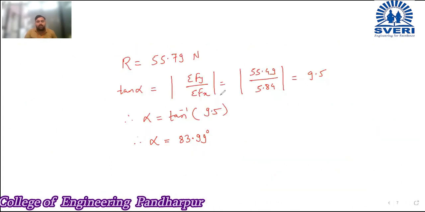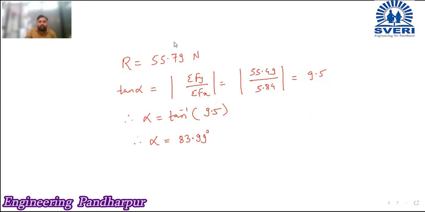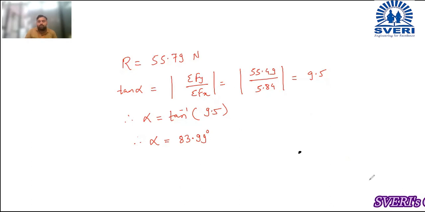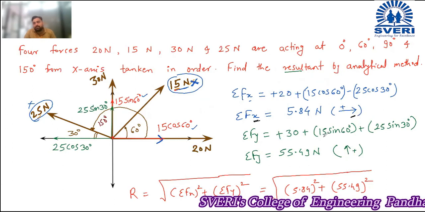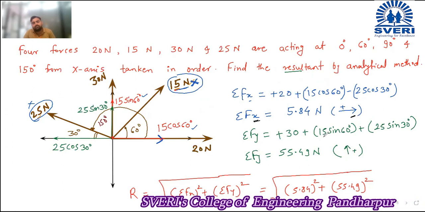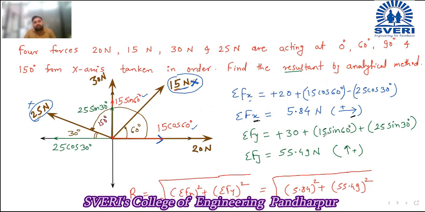Now arbitrarily, I will take one point. This is my point. Now go to here and see your summation Fx. What is the direction of your summation Fx? Towards right or towards left? Towards right.